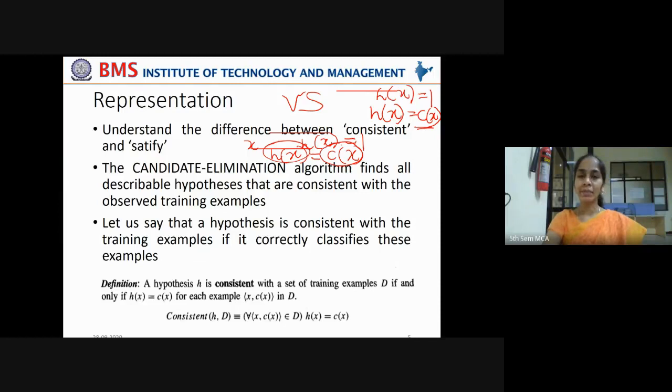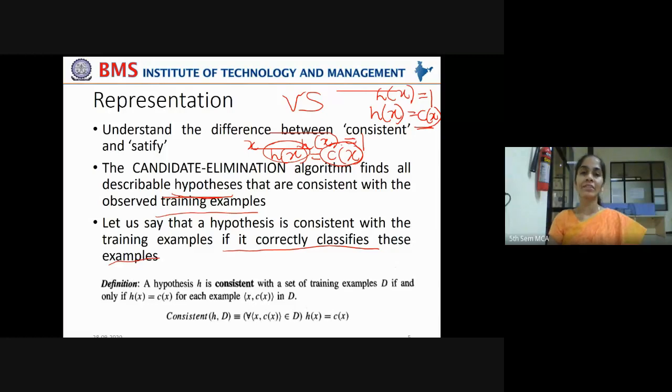Now the candidate elimination algorithm finds all the describable hypotheses that are consistent with the observed training examples. So when I say consistent with the observed training examples, it means all the outcome labels are equal to yes only. Only those examples will be taken in order to formulate a hypothesis.